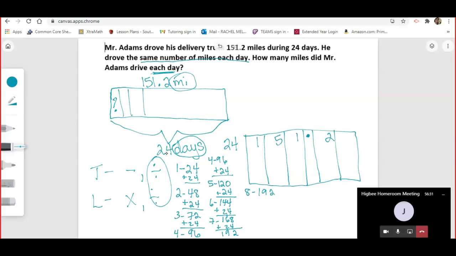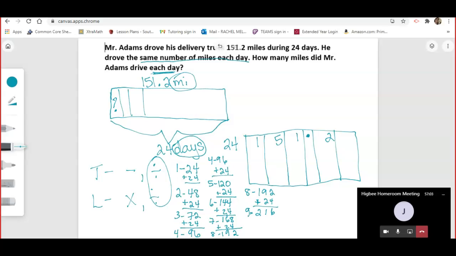So if I add one more 24, then I'm done. What would that give us? 216. All right, so now that I know my multiplication facts, I can go up here and find my answers.